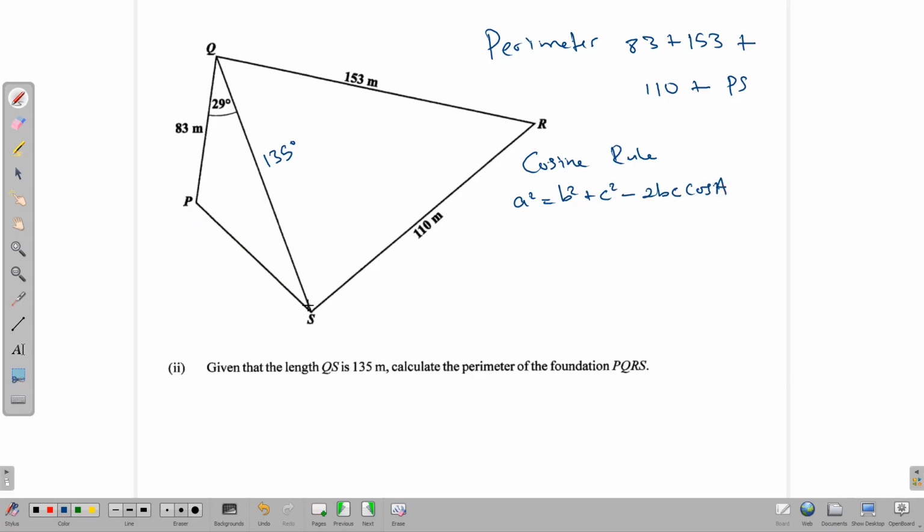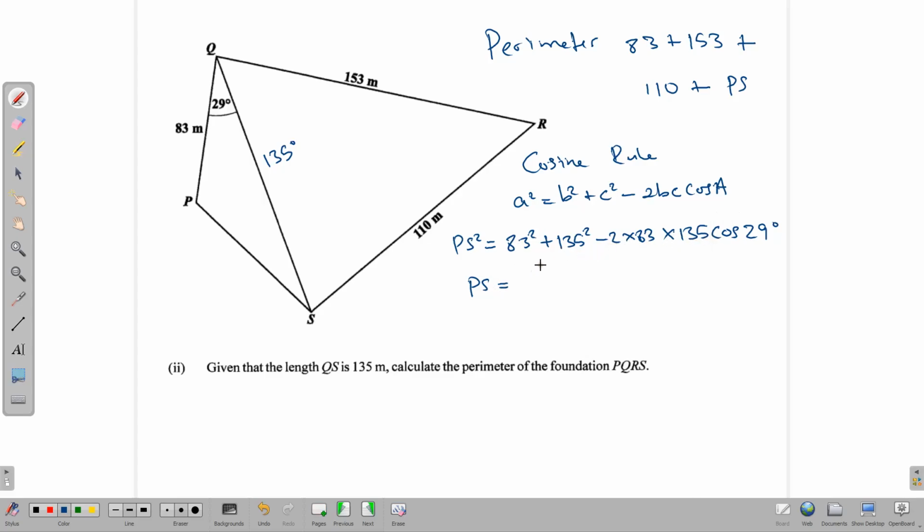So PS squared is equal to these two sides, 83 squared plus 135 squared minus 2 times 83 times 135, and the cosine of the angle between them, 29. And of course, all you need to do in this day and age is just to type that in your calculator exactly as is. No need to break it up and find them individually.